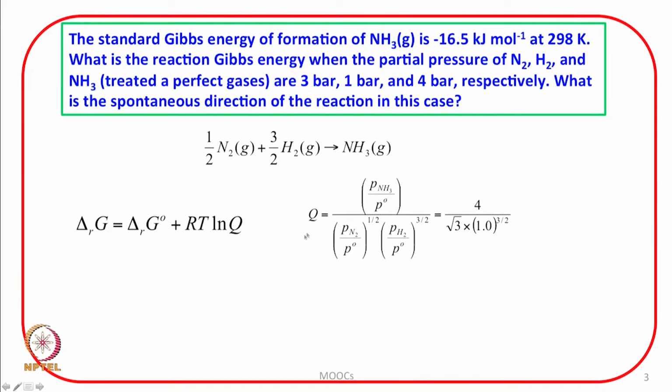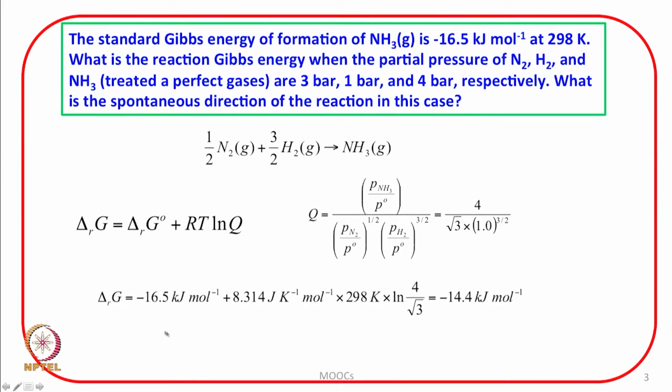Once you substitute, you have the value of Q. Now, I will substitute the values of delta R G naught and Q into this equation, delta G is equal to delta G naught plus RT log Q. The value comes out to be minus 14.4 kilojoules per mole.